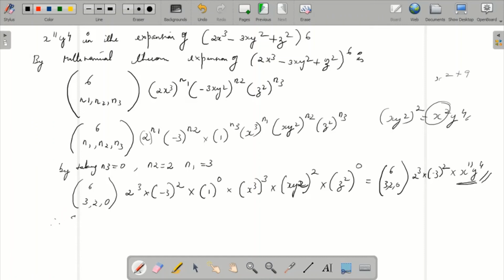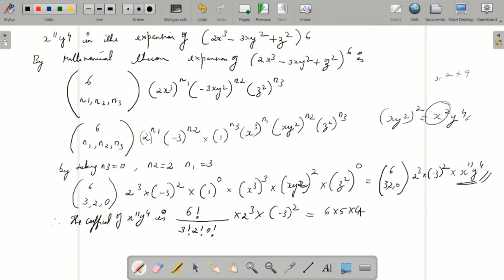Therefore, the coefficient of x to the power 11 y to the power 4 is 6 factorial divided by 3 factorial, 2 factorial, 0 factorial, into 2 to the power 3 into (-3) to the power 2. So this is the coefficient. 6 factorial I can write as 6 into 5 into 4 into 3 factorial divided by 3 factorial.